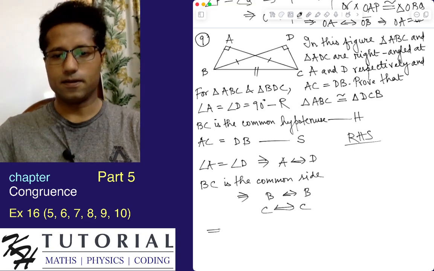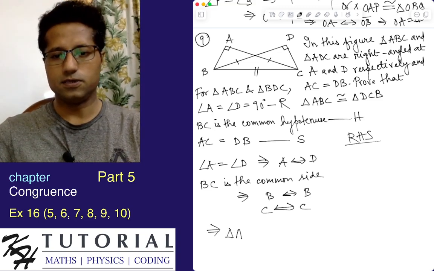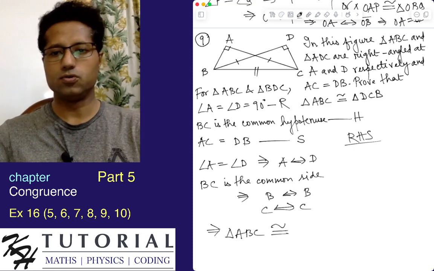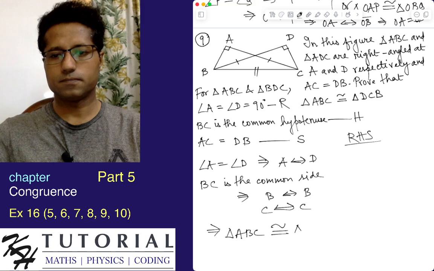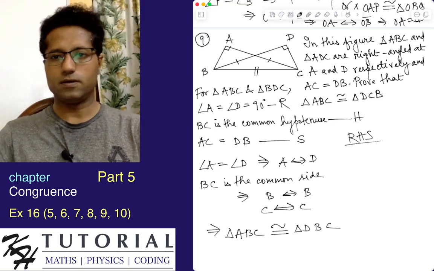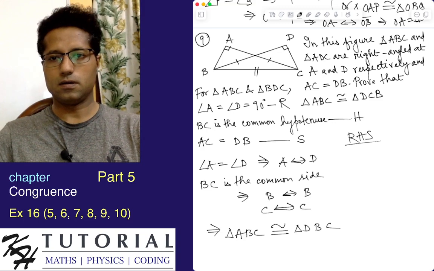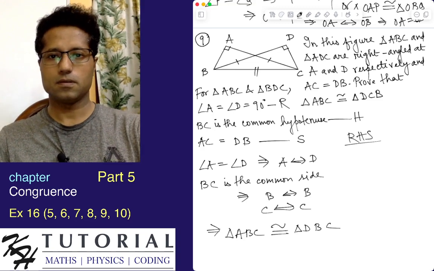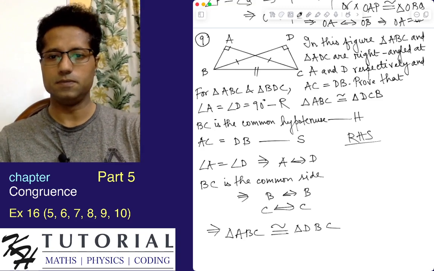So in the congruence relation, A is mapped to D, and B and C remain the same.